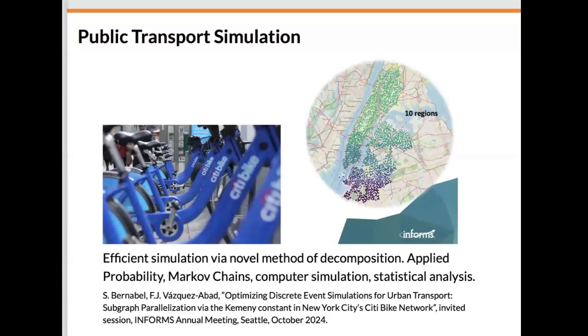So the other project that I have, and as you can see, Silvano is my co-author in many of these papers because he's my PhD student. So we work on many different projects. So here, the problem is simulation. Simulating transportation in a city is really heavy. If you try to follow each individual car, I mean, look at his face.